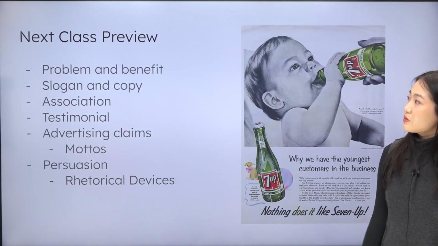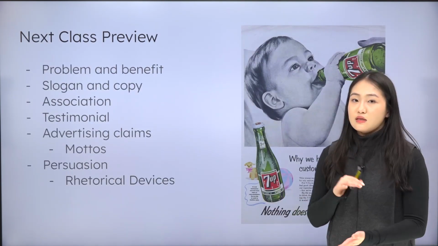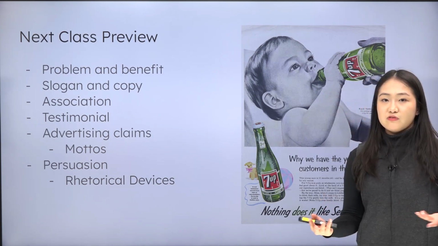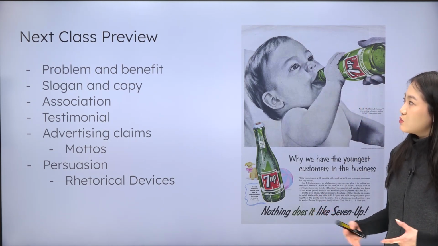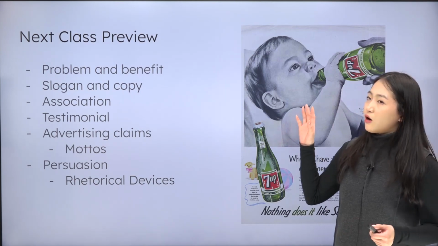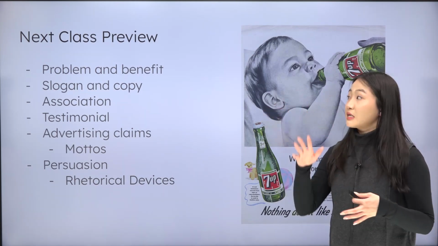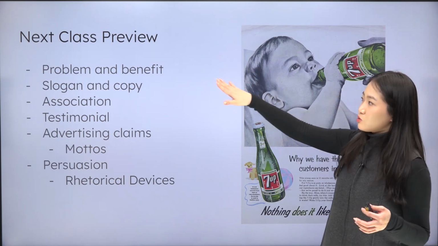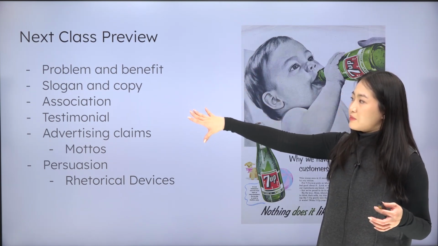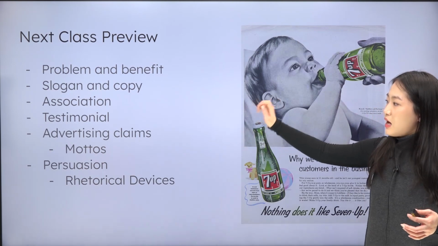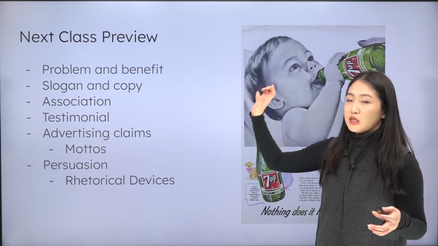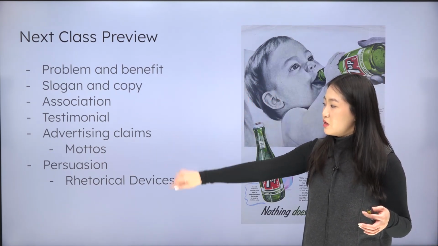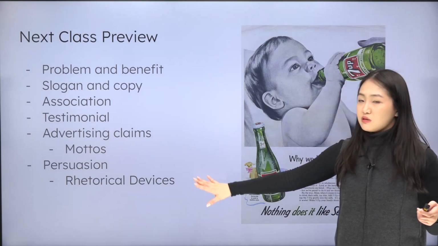All right, so that was it for this class. We've covered a lot in terms of visual resources. Next class, we will review how these visual resources can connect to the advertisement's themes, which are problem and benefit, slogan and copy, association, testimonial, advertising claims, which also includes a subsection of mottos, persuasion, and rhetorical devices.